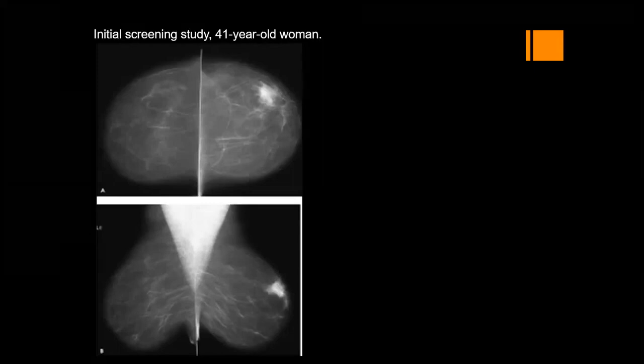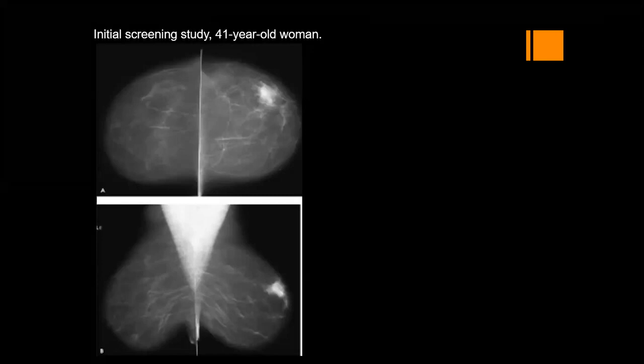This is what we want to learn while interpreting mammography. So why do we say this is a focal asymmetry, not a mass? It lacks the full criteria of a mass.